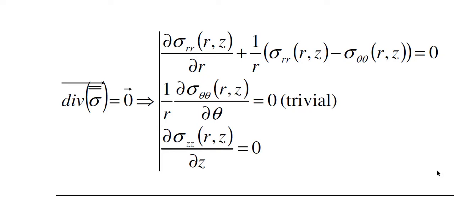So the divergence of sigma will be equal to the zero vector.